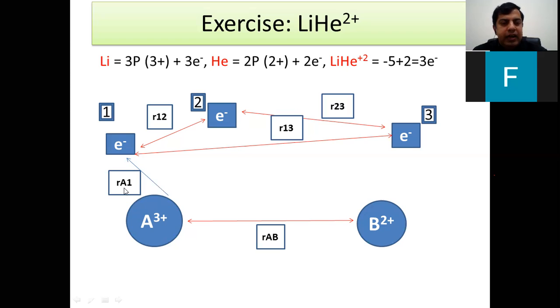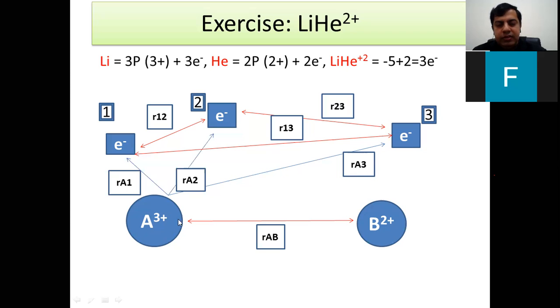That's why it is written RA1. This is the attraction between A and electron 2, and that's why it is written RA2, the distance between the nucleus and the electron. And this one is the third attractive force, between the lithium nucleus and the third electron, and the distance between these two is RA3.